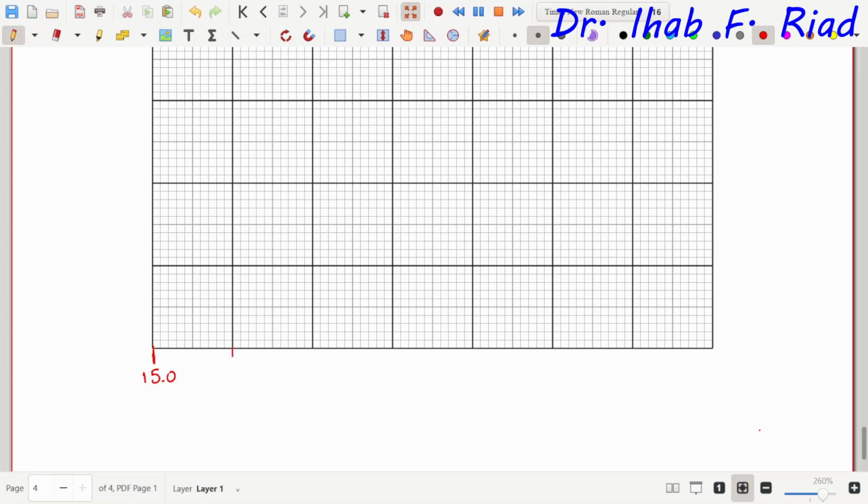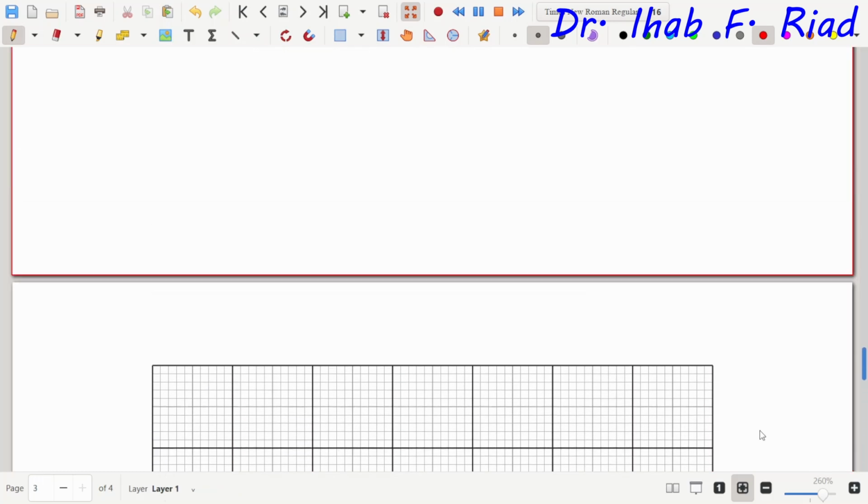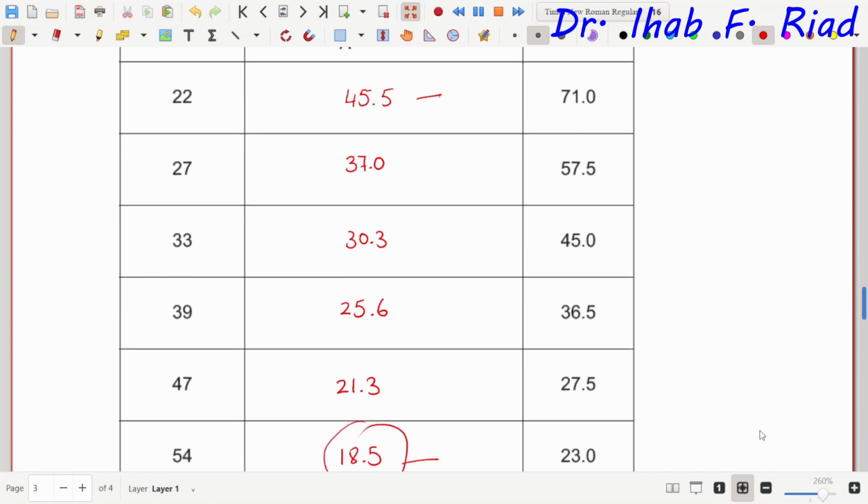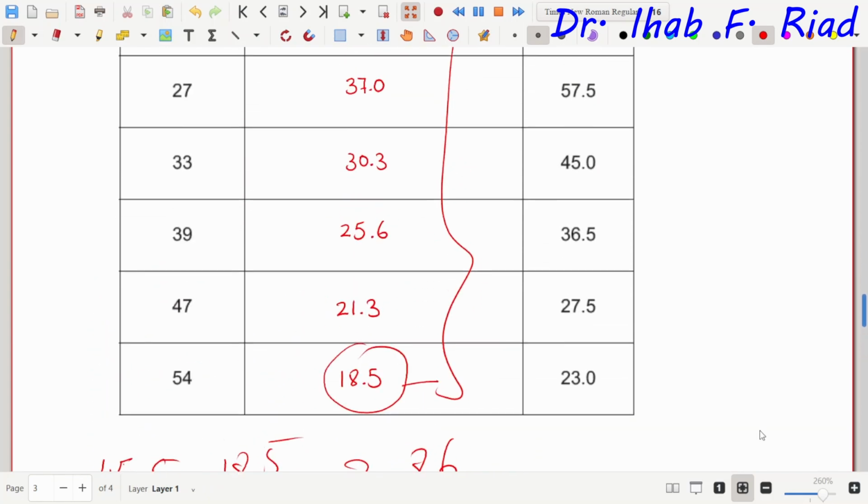The next is 20, 25, 30, 35, 40, 45, and 50. So we see that we have 15 to 50, which is going to take all the values on the x-axis.